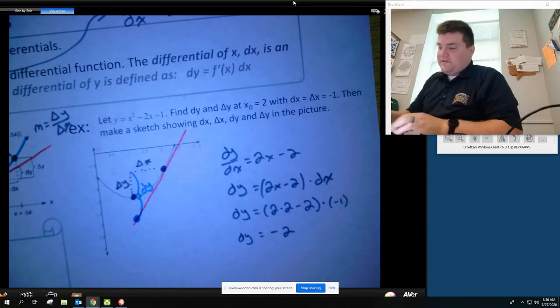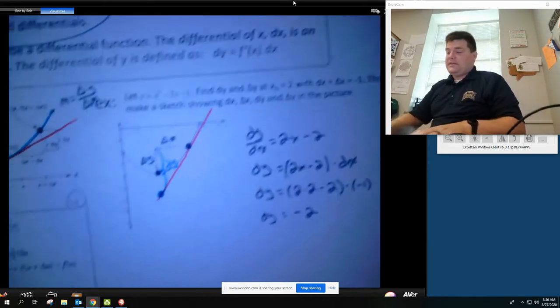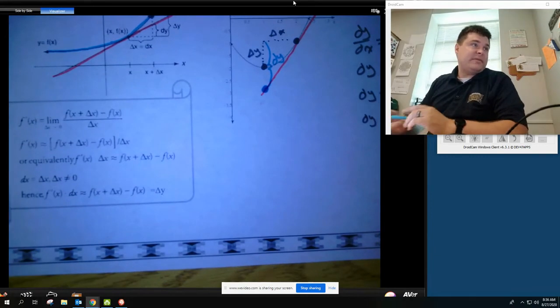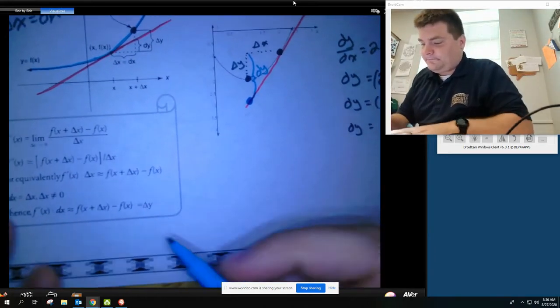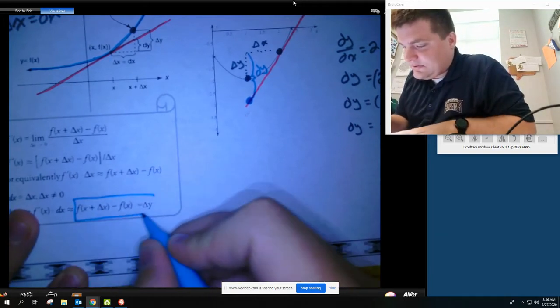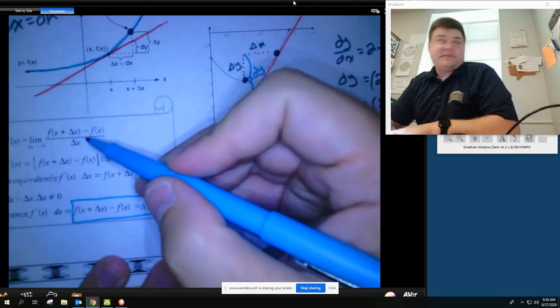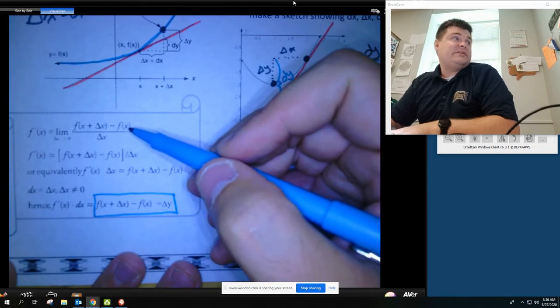Now, the formula for delta y, I didn't touch that yet. I've only done the other one. That's actually going to come on down here. And this is a formula that you're going to need to memorize. The delta y is going to be right here. And right above is going to be our explanation for it using our definition of a derivative to go ahead and find that delta y.